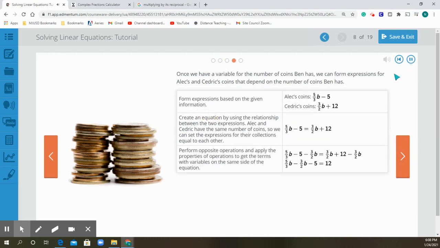Perform opposite operations and apply the properties of operations to get the terms with variables on the same side of the equation. 5/3 B minus 5 minus 3/2 B equals 3/2 B plus 12 minus 3/2 B. 5/3 B minus 3/2 B minus 5 equals 12.